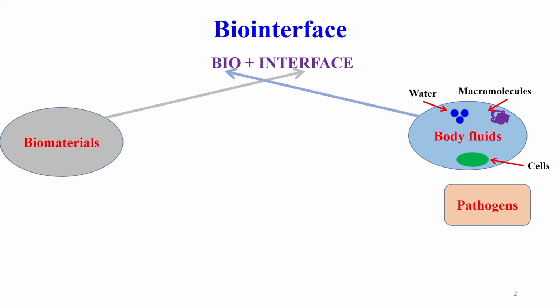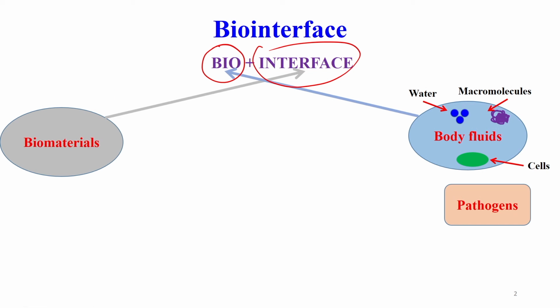So, first we will see what is biointerface. Biointerface, as the word suggests, is made of two words, one is bio, the other is interface. Bio comes from the body fluids, which mainly consist of water molecules, macromolecules like proteins and the cells, and the interface comes from the biomaterials, or you can say from the surface.